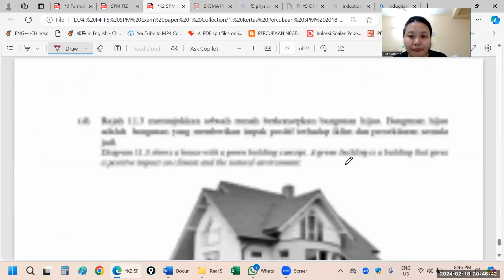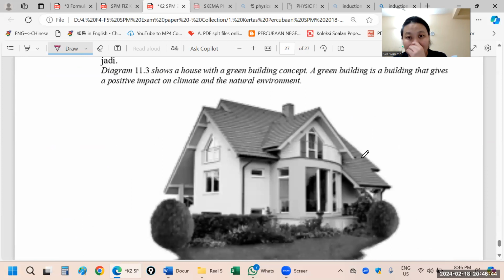Okay, the last one I tell you is the green building concept. They prepare 15 modifications for you.